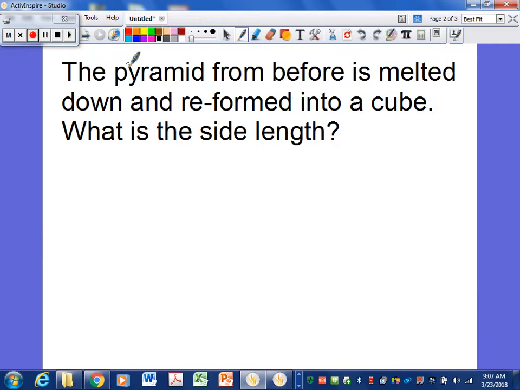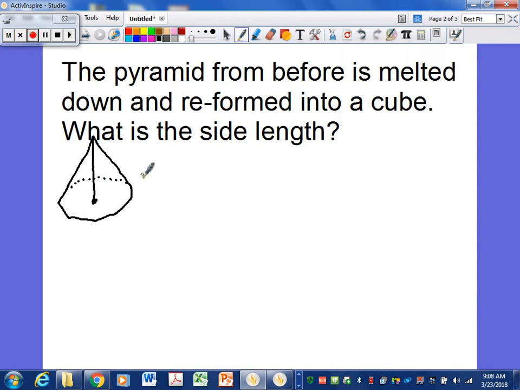Okay, so let's talk about the next one. The pyramid from before is melted down and reformed into a cube. Okay, so we had some type of a pyramid here. That's a pyramid.